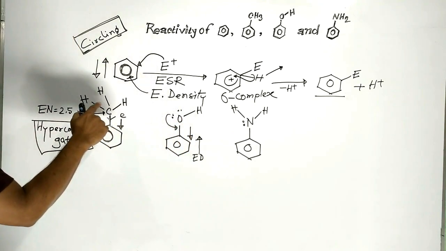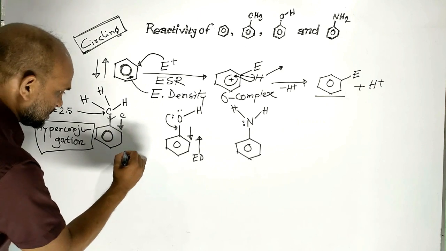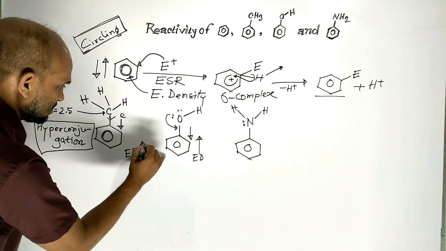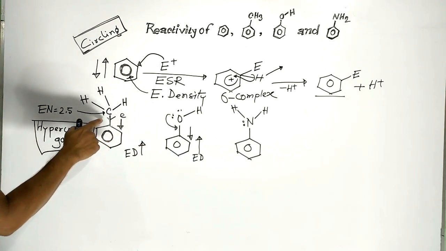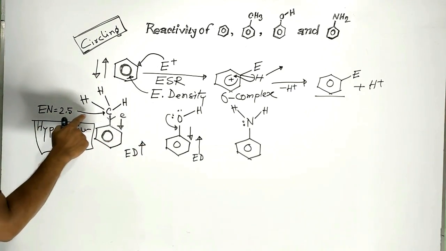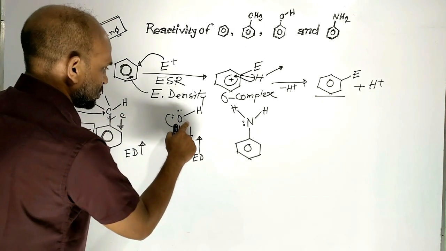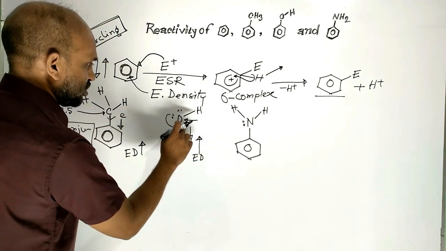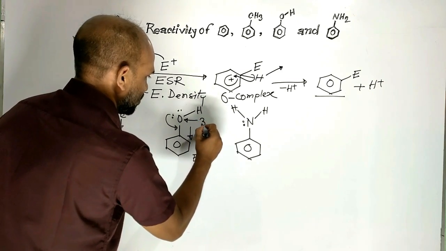Due to the presence of methyl group, here as well, electron density increases. But here, electronegativity of carbon is 2.5, which is less than oxygen. Here, electronegativity of oxygen is 3.5.